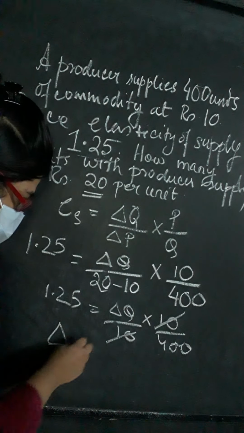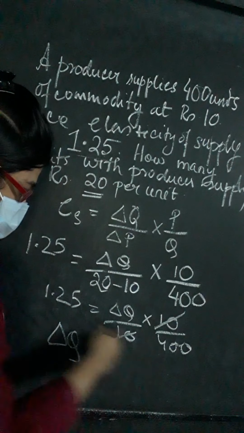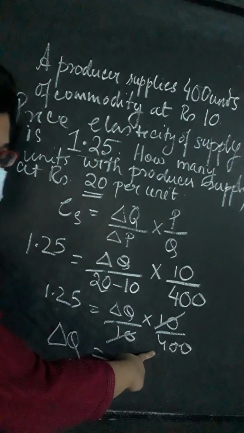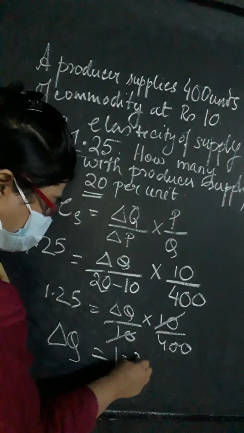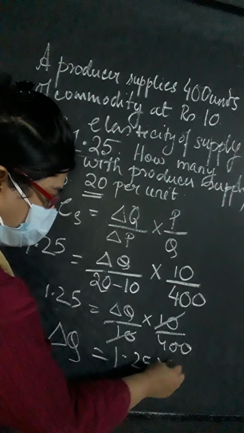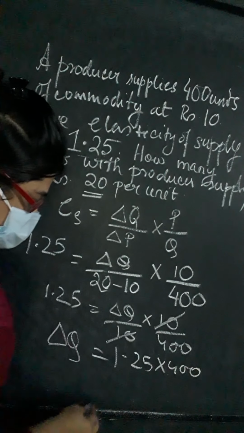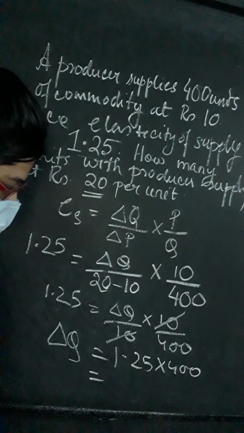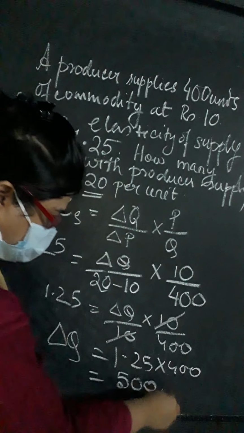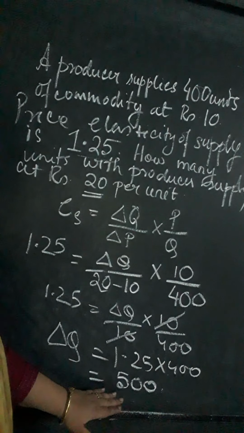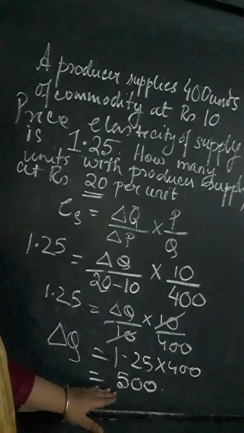So change in quantity will be, if this is divided on this side, when we change the side it becomes multiplied. So 1.25 into 400. So that will make 500 the answer. So change in quantity is 500.